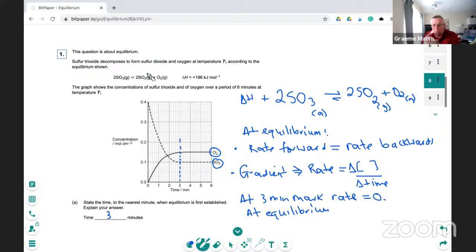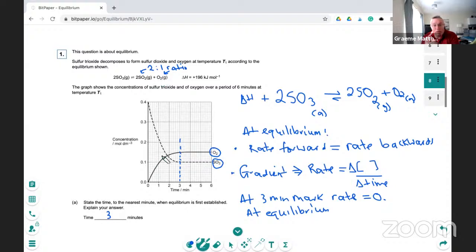Would you agree that there is a 2-to-1 ratio between SO2 and O2? It's a 2-to-1 ratio. So therefore, SO2 must be double O2.